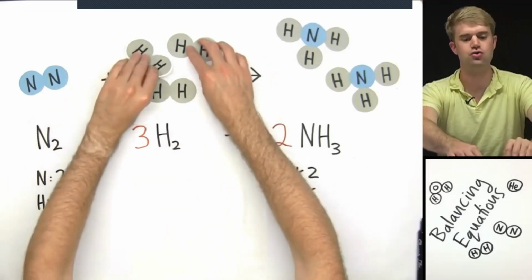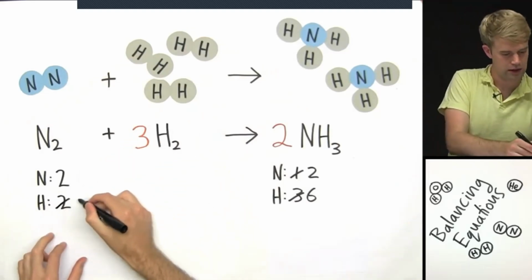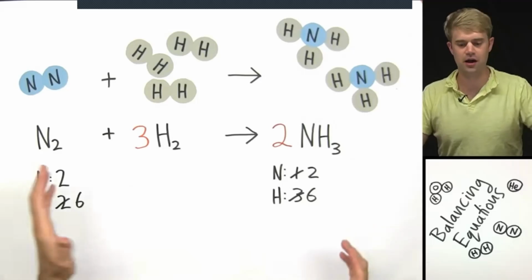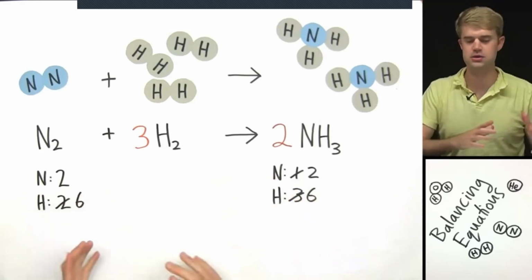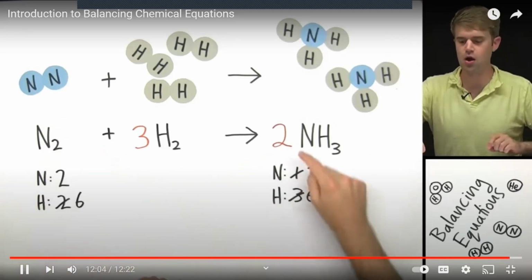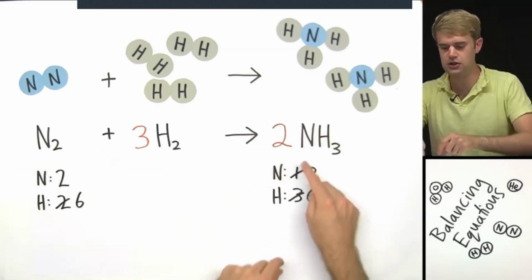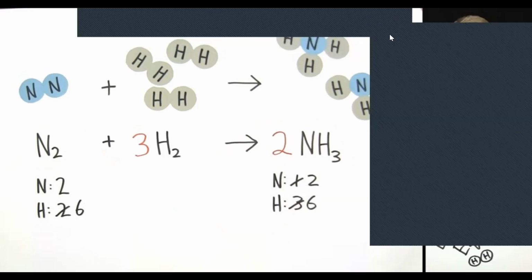Now we have 2 more hydrogens, and that gives us 3 times 2, 6 hydrogens here. So we can keep track of these adjustments that we make using charts like this that show us how many of each atom we have on both sides. We multiply something by a number in front of it, and then we change the number of atoms. So the best way to get good at this is to just do a whole bunch of practice.